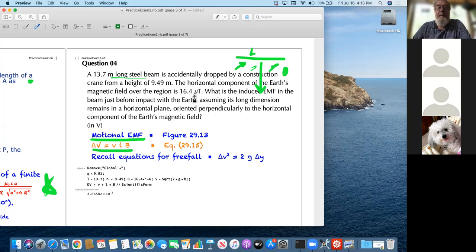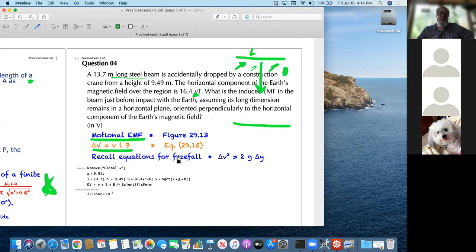Being careful to take into account micro Tesla means 10 to the minus 6 Tesla. Now, you're not given the velocity. So what are you going to use for the velocity? Well, this object is falling down to the ground, and it's just falling in Earth's gravity.